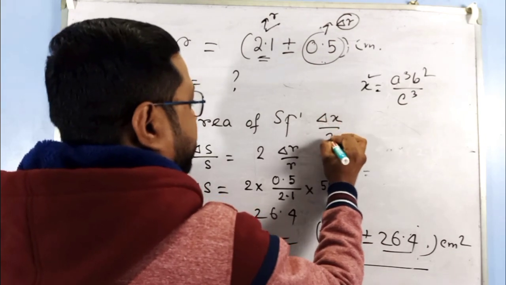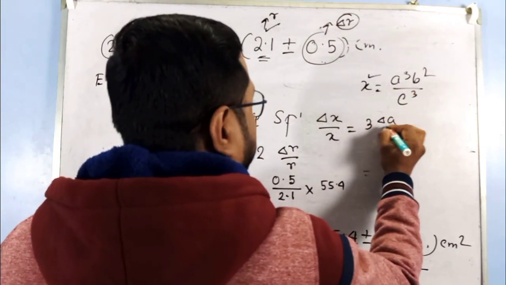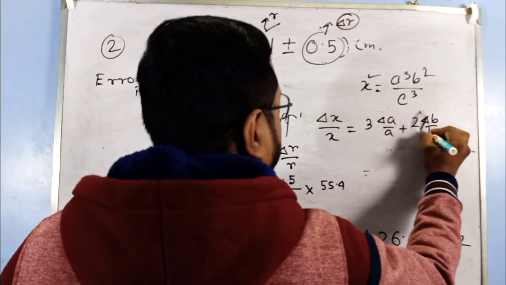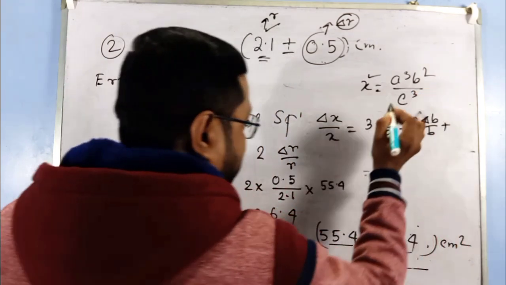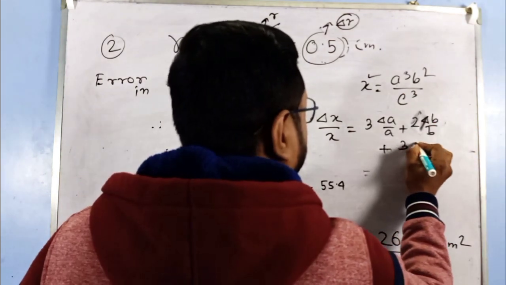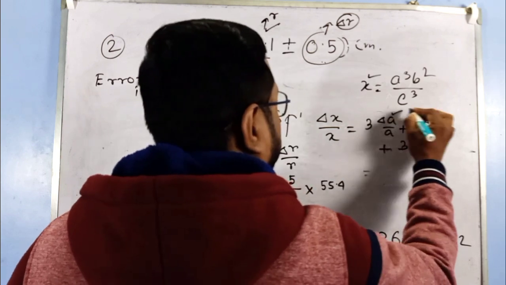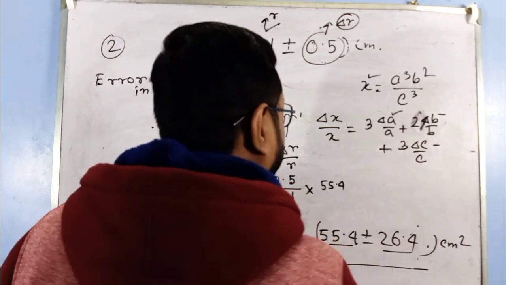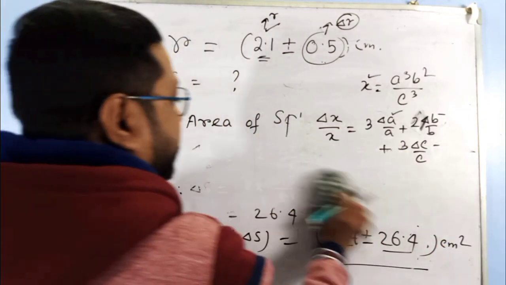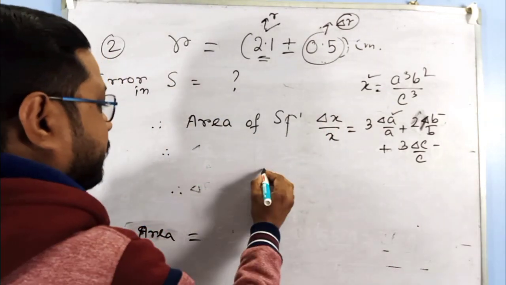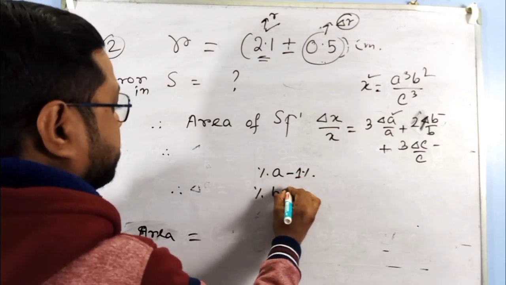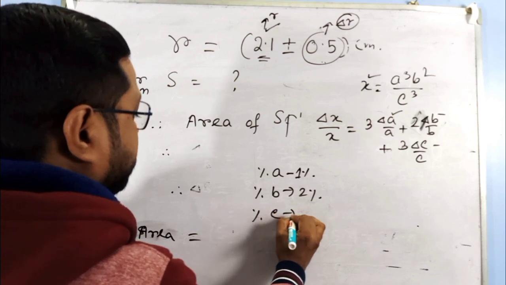We can get delta x by x is equal to 3 delta a by a plus 2 delta b by b, since the power is 2, plus 3 delta c by c. Whether it is division or multiplication, it will be plus. We are given the values of delta a, delta b, delta c and a, b, c. Suppose it says the percentage error in a is 1%, the percentage error in b is 2%, and the percentage error in c is 3%.